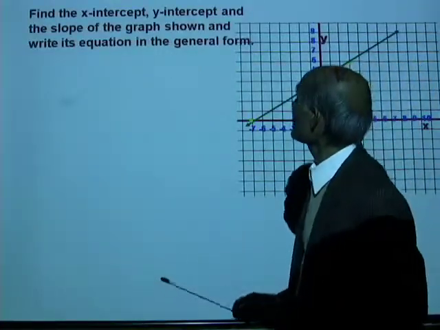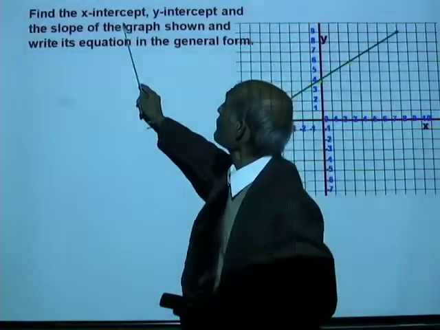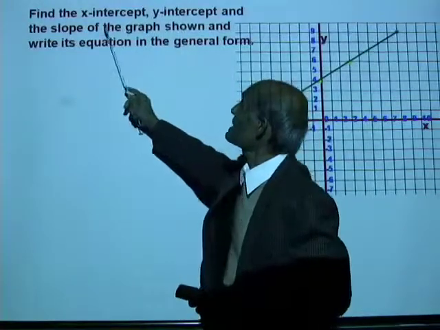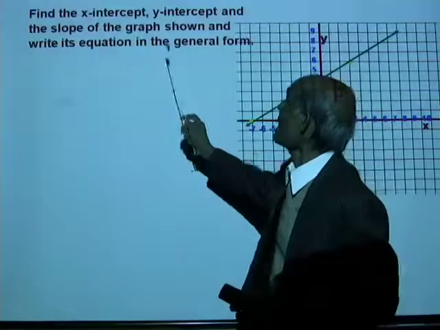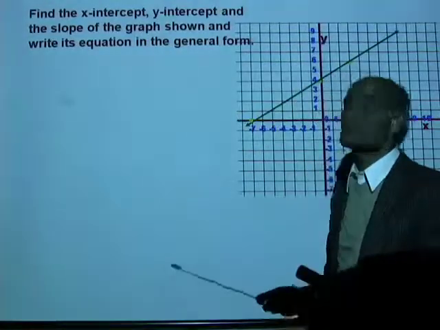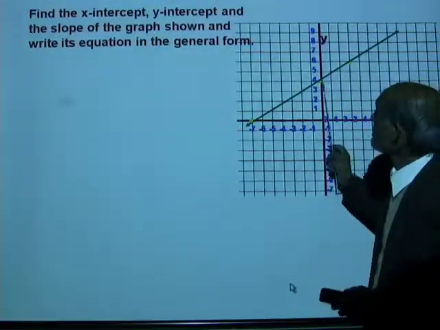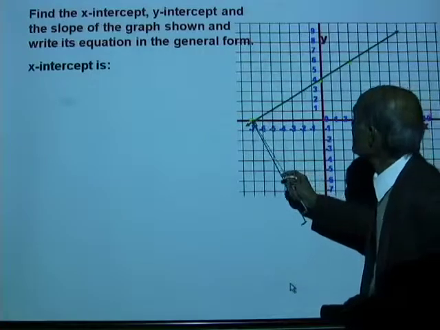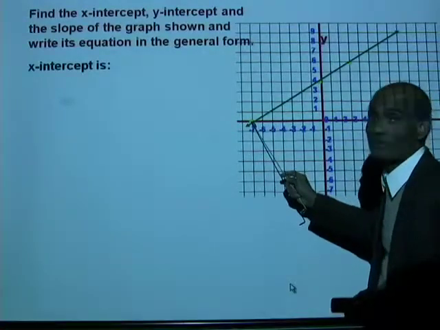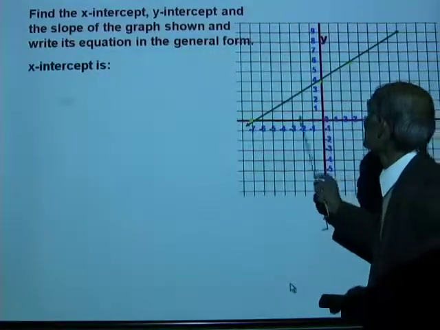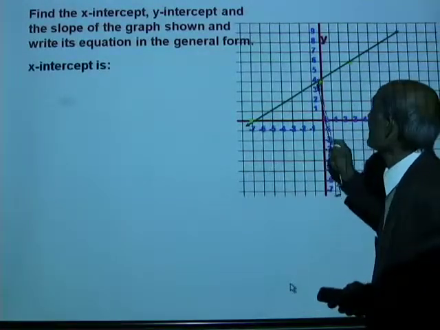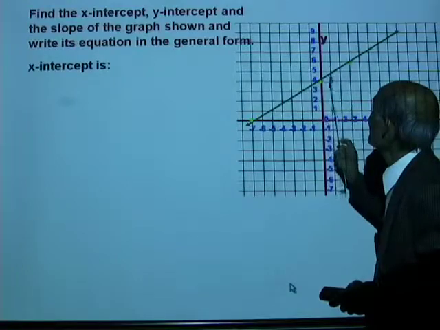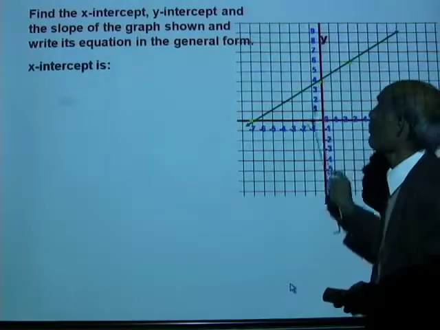Okay, another one. Find the x-intercept, y-intercept, and the slope of the graph shown and write its equation in the general form. What is the x-intercept? Over here, the x-intercept is (-7, 0). Is that right? The y-intercept is this, which is (0, 4).